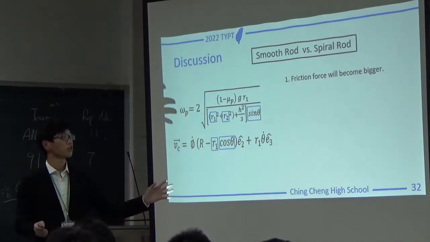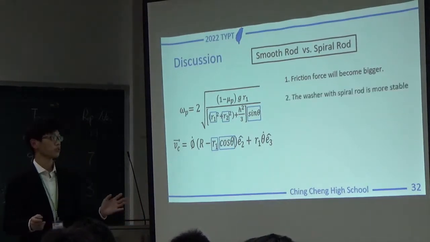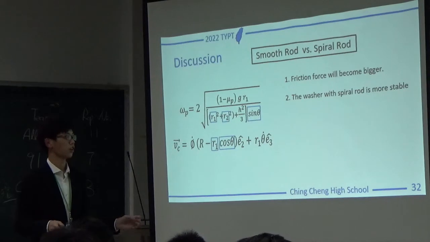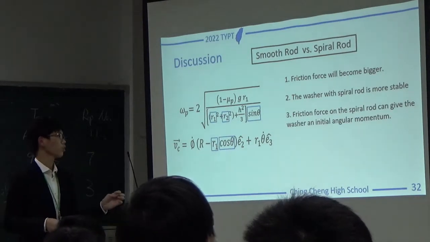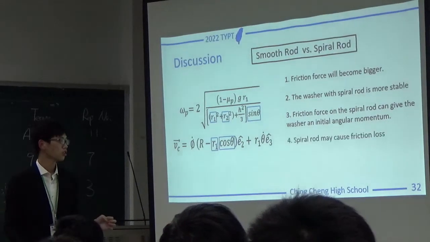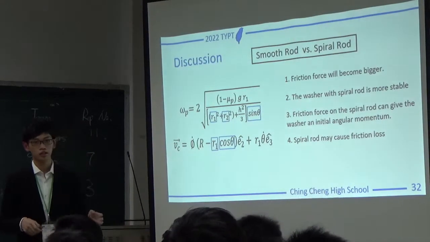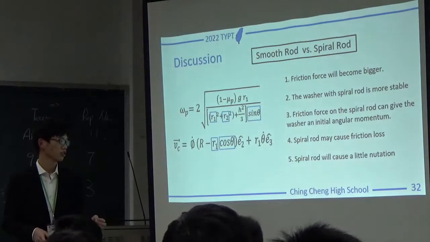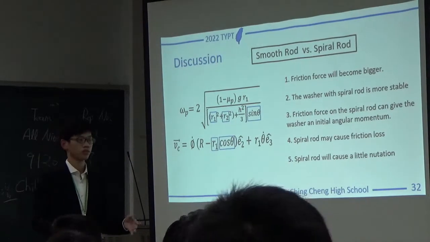First, the spiral rod will make the friction force bigger, and it will lead to a stable condition of the washer. But it will also give the washer an initial angular momentum. The spiral rod may also cause some energy loss because it has bigger friction. And the spiral rod will cause a little nutation, like what I just mentioned.